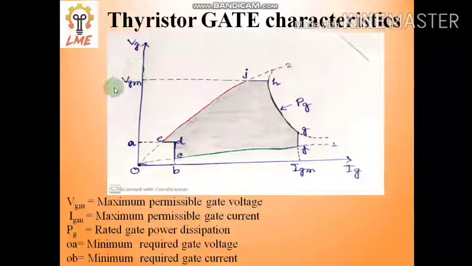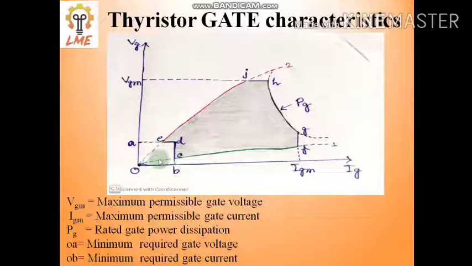The gate terminal also has a permissible maximum gate voltage and maximum permissible gate current. The maximum gate voltage is VGM and the maximum gate current is IGM. So the voltage line is confined to the part E to Z, because beyond point Z the gate voltage would be above the permissible value, and below point E it would not satisfy the minimum required gate voltage.